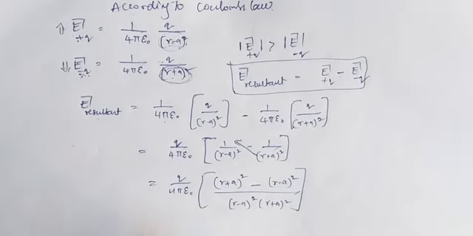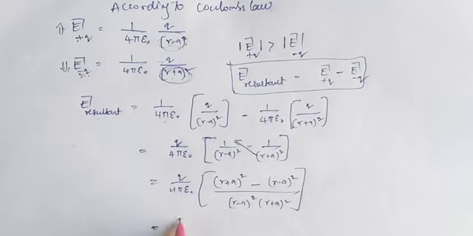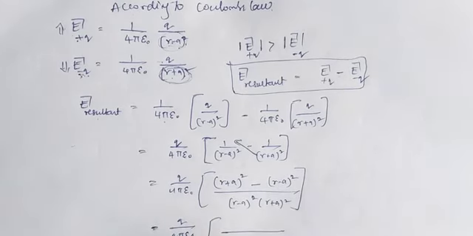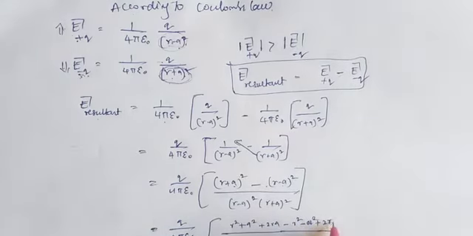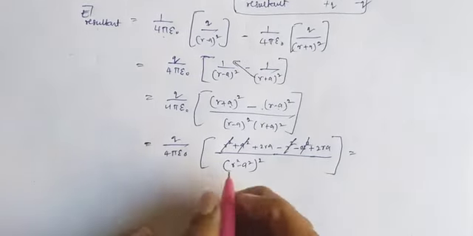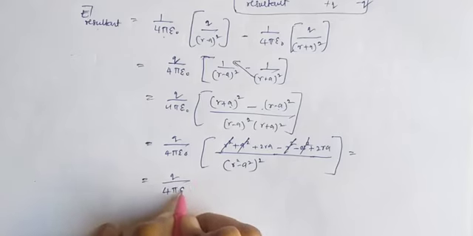Here we have (A plus B) and (A minus B) in the denominator, that is Q by 4 pi epsilon naught, and (A plus B)(A minus B) means R square minus A square, whole square. And in the numerator, (A plus B) whole square minus (A minus B) whole square: A square plus B square plus 2AB, minus A square plus B square minus 2AB. Minus into minus is plus, so plus 2AB, and the other terms cancel out.